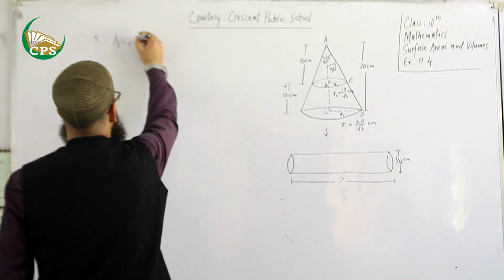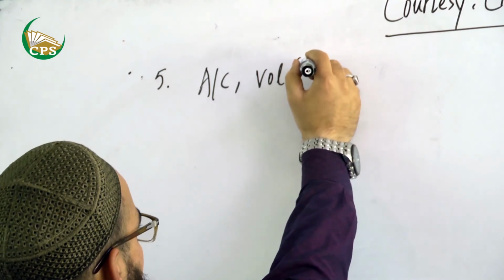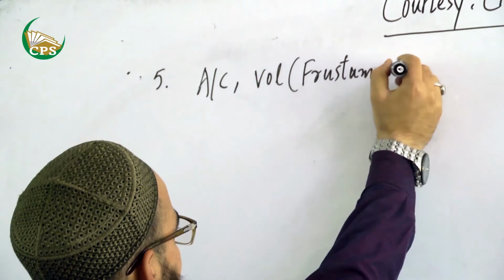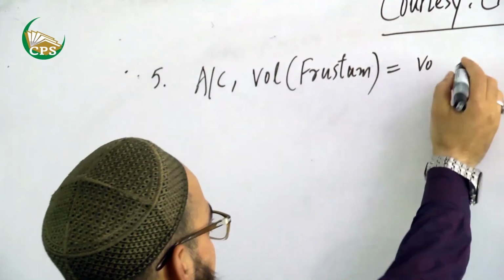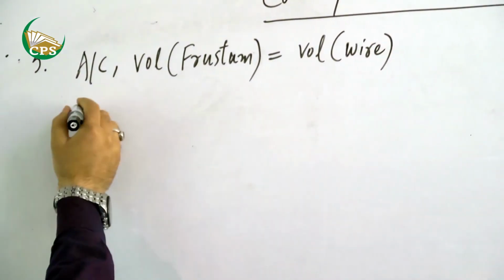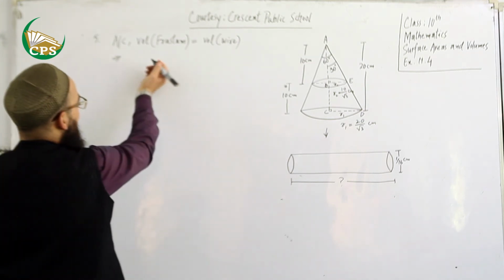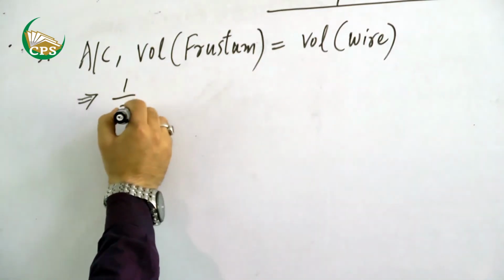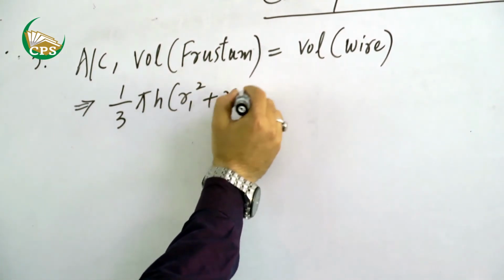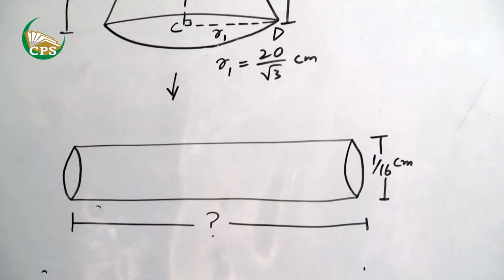According to the condition, volume of frustum is equal to volume of wire, which implies that volume of frustum, you know we have a formula for volume of frustum, 1 by 3 pi h times R1 square plus R2 square plus R1 R2, is equal to volume of wire.